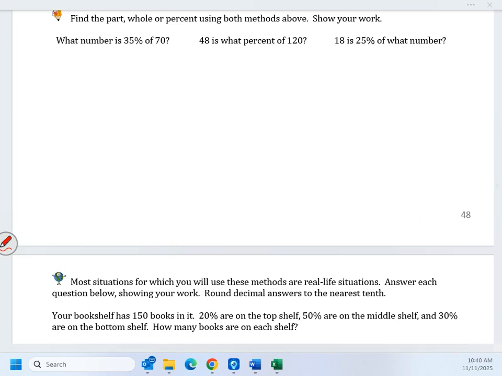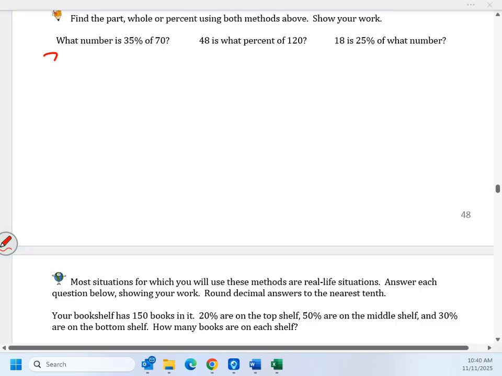What number is 35% of 70? How am I going to set that up using my proportions? We're going to use a question mark for what it is we don't know. So let's do our proportion first.